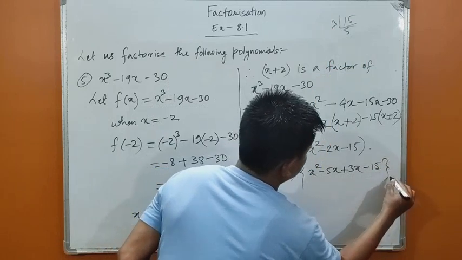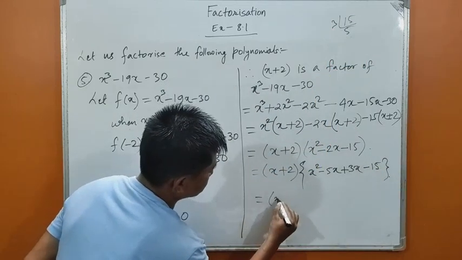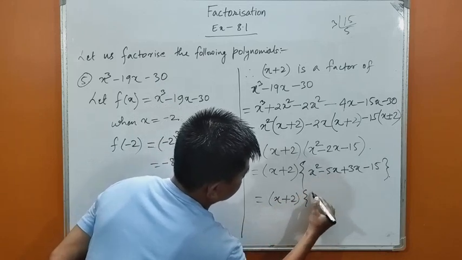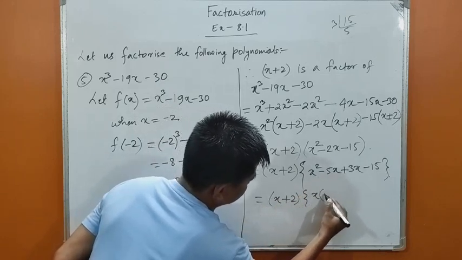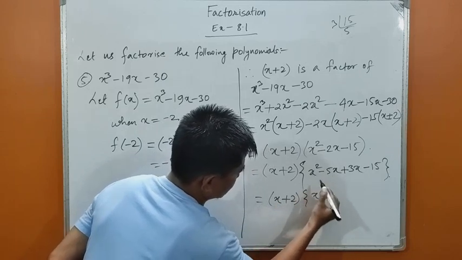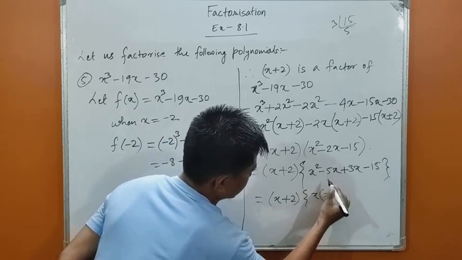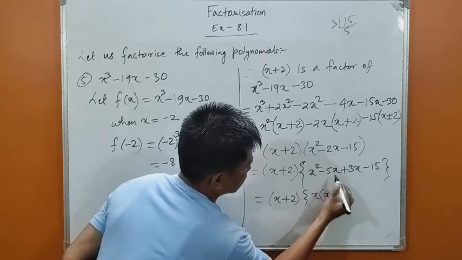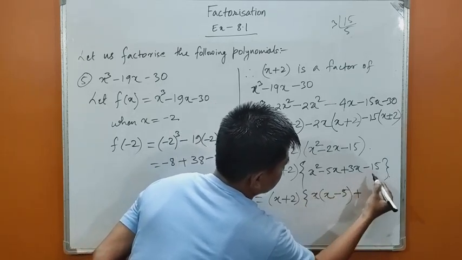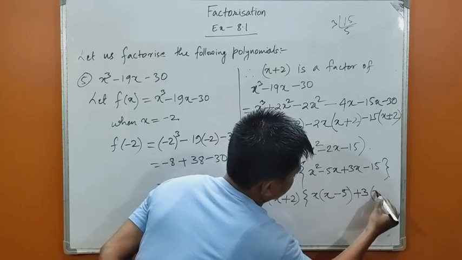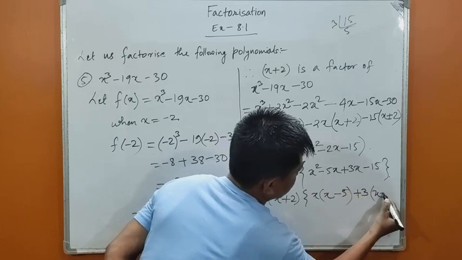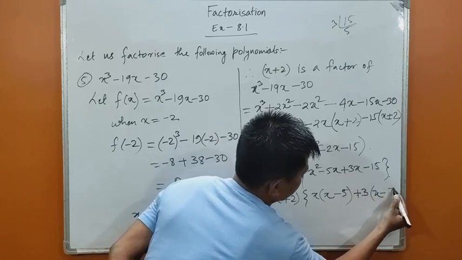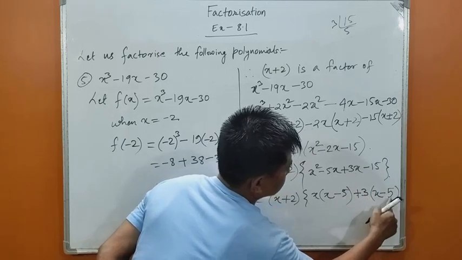Okay, now x plus 2, from these two numbers I can take x common. x into x is x square, plus into minus is minus, x into 5 is 5x, plus I can take 3 common from this, 3 into x is 3x, plus into minus is minus, 3 5s are 15.